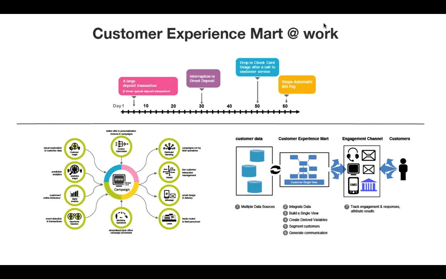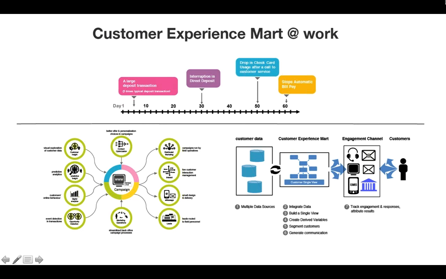So again, what we try to do here is create almost a data mart, a customer experience data mart of over 900 different customer behavior variables. Based on the different kinds of behavior with the bank, there could be a lot of different ways we could understand this. We were able to create a point of view of how we could create a plan for creating customer experiences.